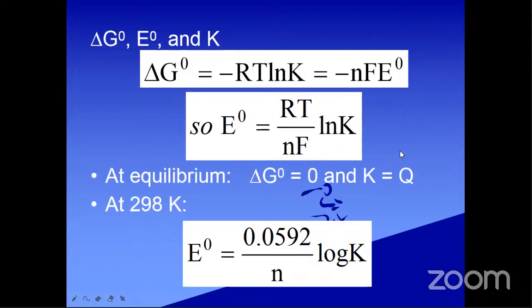So now we can substitute ln x equals 2.303 log x. By simplifying all this, we get E naught equals 0.092 and log.